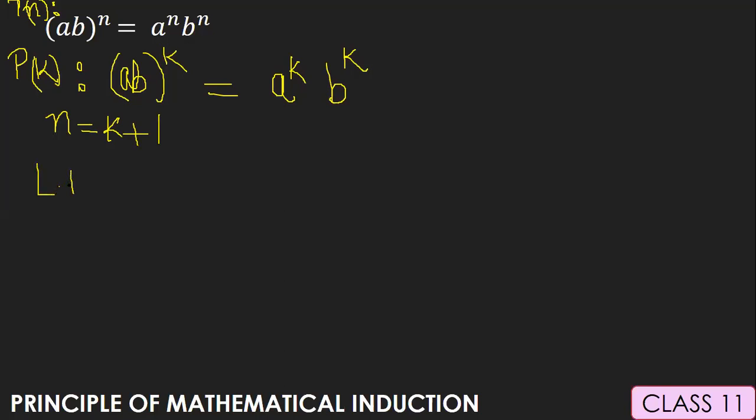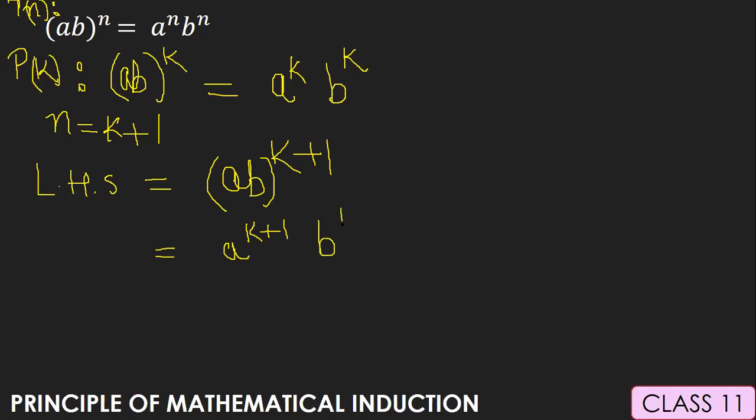So your LHS would be (ab) raised to the power k plus 1. So this would be a raised to power k plus 1 into b raised to power k plus 1.